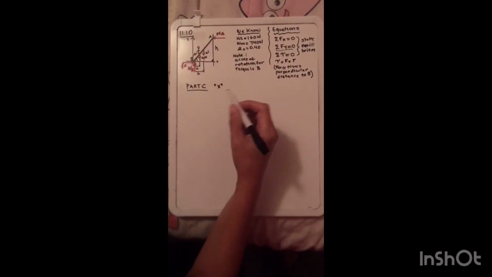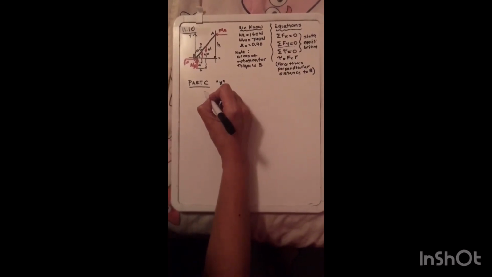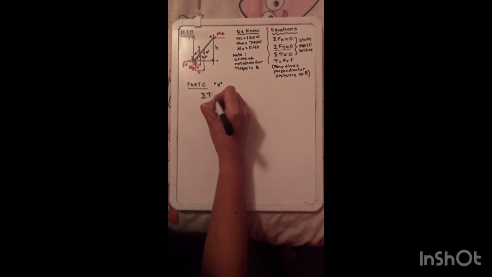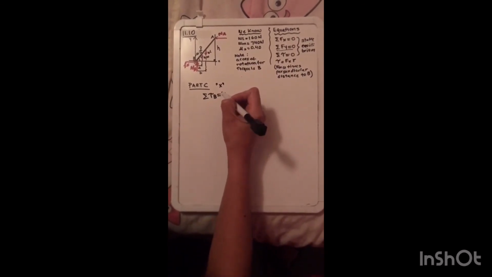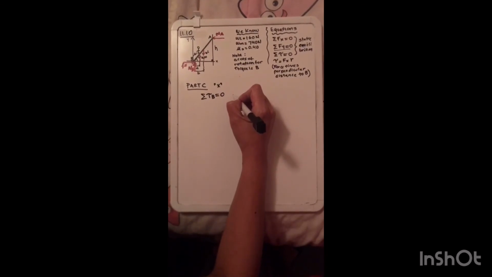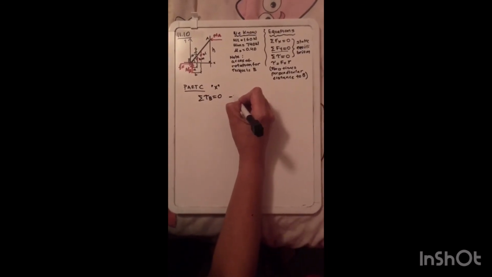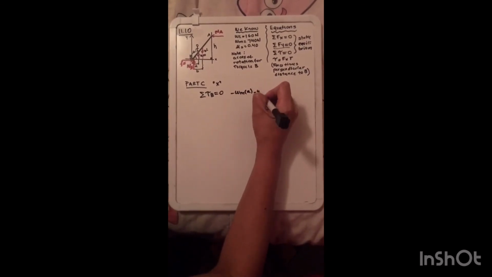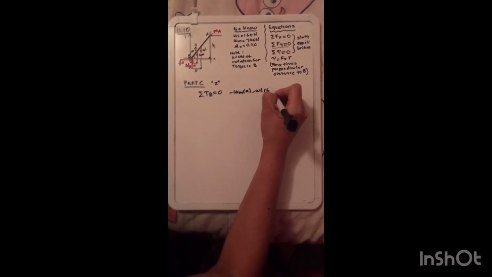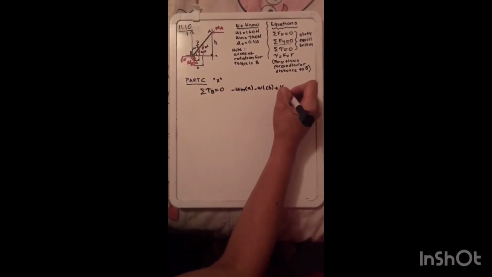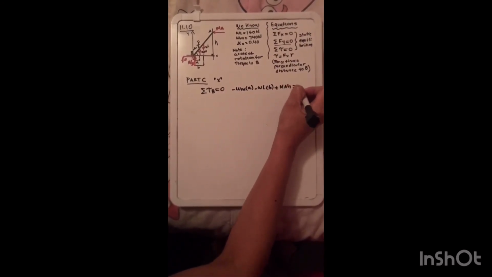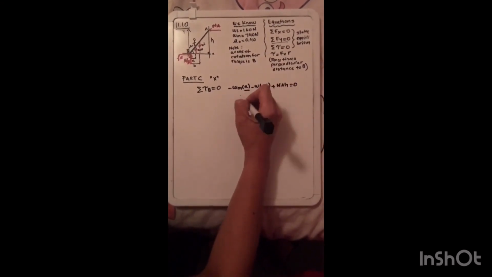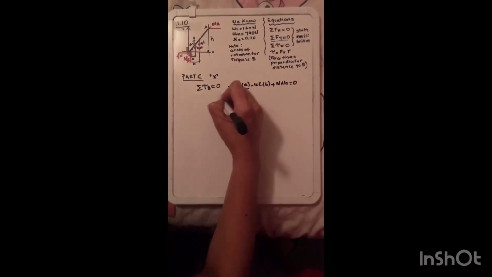For that we're going to use the same last formula, which is the summation of torques on B equal to 0, and we know from the last step that this is equal to minus the weight of the man times the distance A minus the weight of the ladder times the distance B plus the normal force on A times H equals 0.